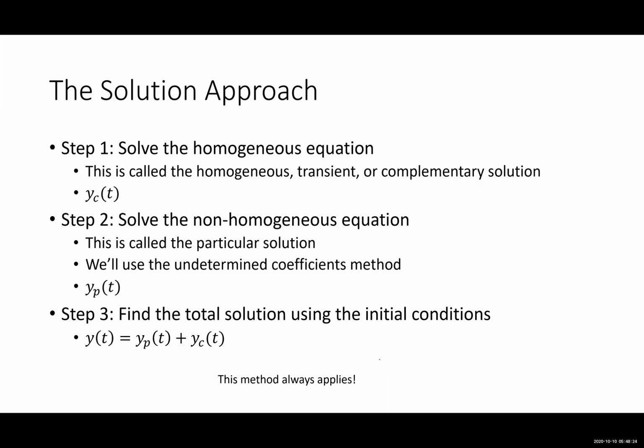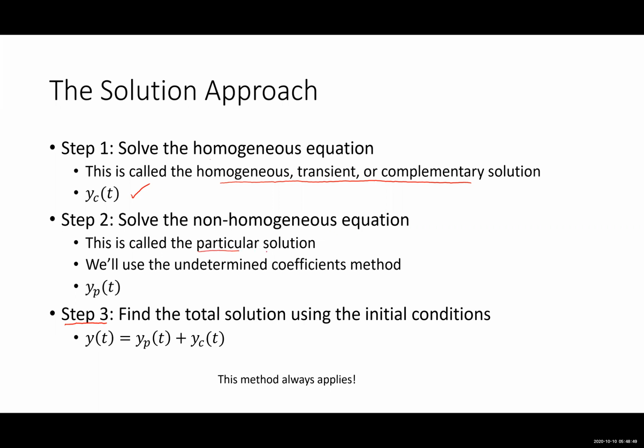Our solution approach we've talked about a couple of times now, and in this lecture we're going to build out, particularly for second order systems, a more complete approach for step 3. Essentially, we solve the homogeneous equation.